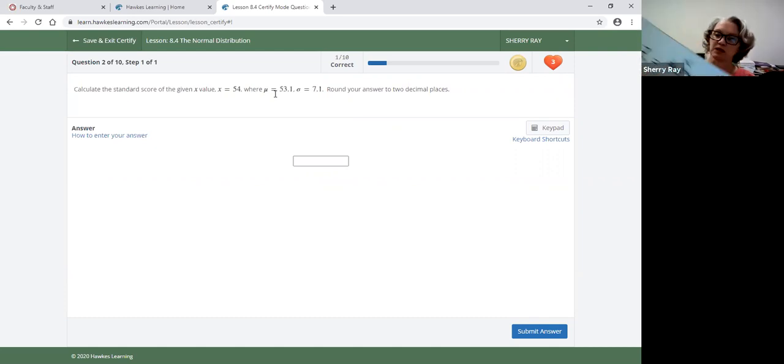So this is what our formula looks like here. I'm going to type into my calculator 54 minus 53.1 over 7.1. Make sure you use parentheses around your numerator.